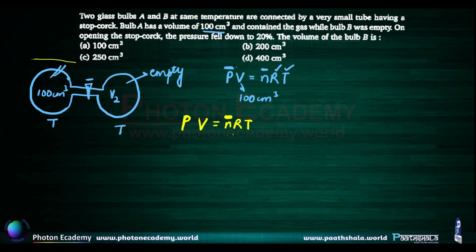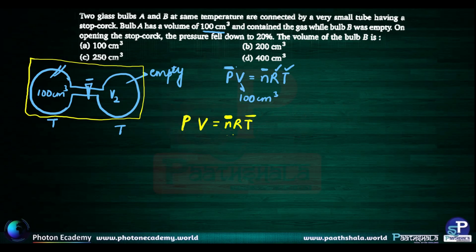The number of moles of the gas are still the same because we've not leaked the gas anywhere. Now our total control volume is this, and therefore the number of moles inside this volume is a constant. And the temperature, since both the bulbs are the same, is also a constant. So we can simply apply P1 V1 = P2 V2, right? So let's do that.